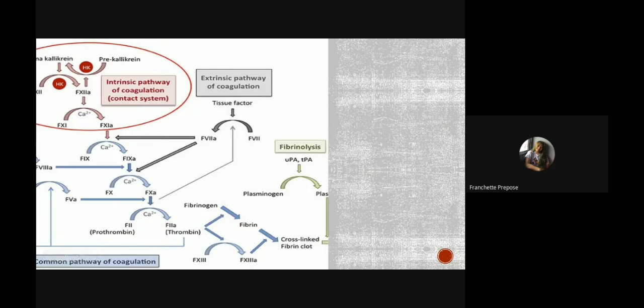Then this will react to another protein called the prothrombin activator. After activating, the thrombin, or factor 2, reacts two ways.